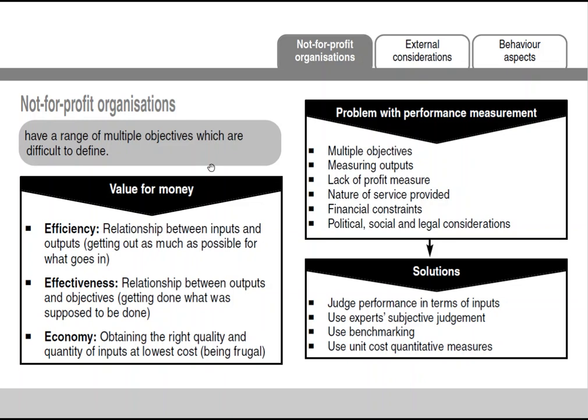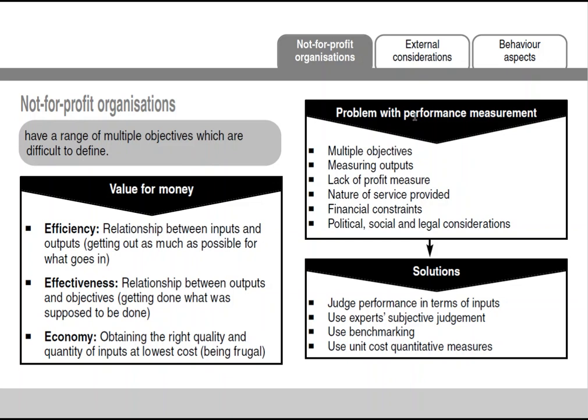Effectiveness is whether the organization's objective is achieved or not. An example would be, let's say, a police department. The main purpose would be stopping crime. Is it actually stopping crime or not?